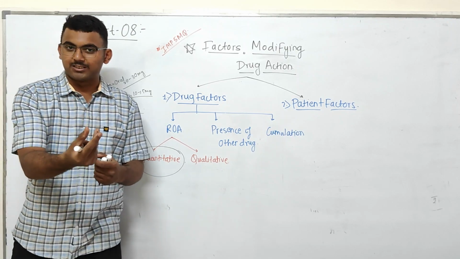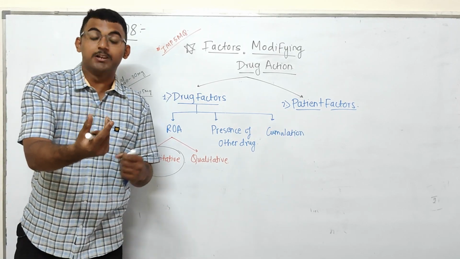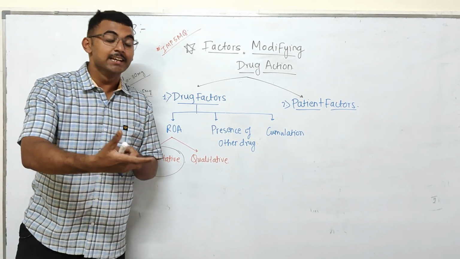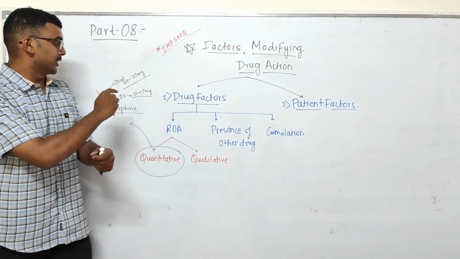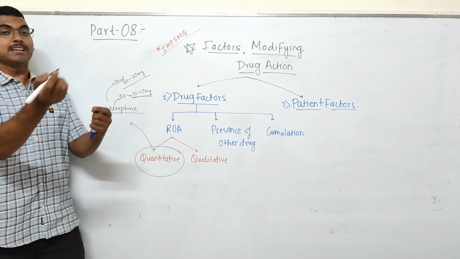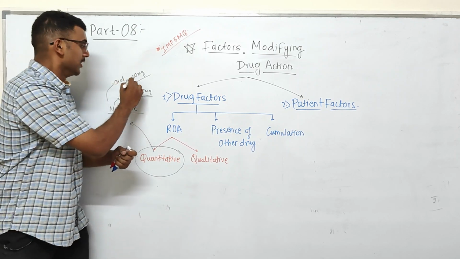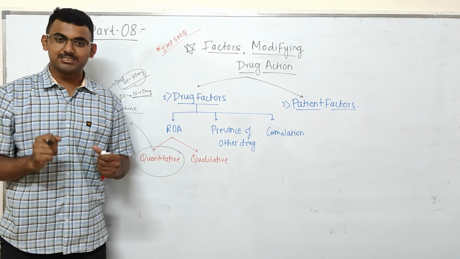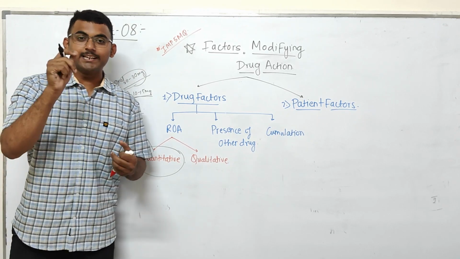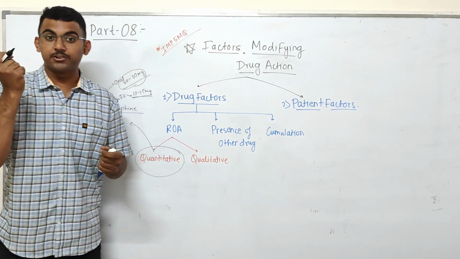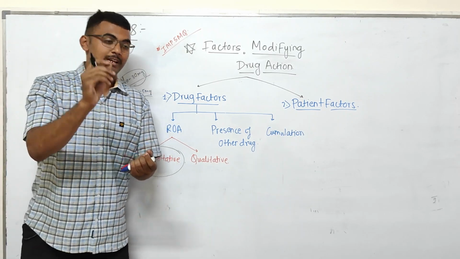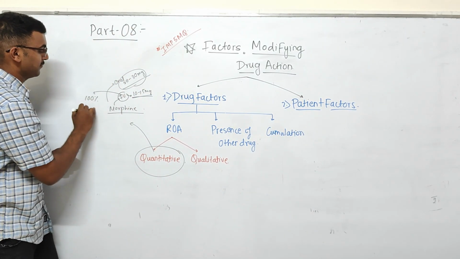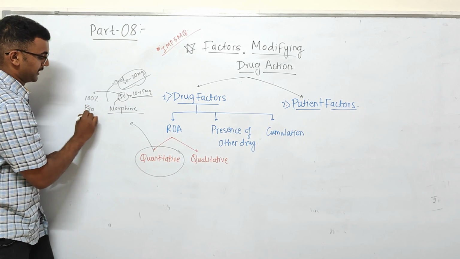The quantitative factor is the amount of drug, the concentration of the drug which you are going to give. And why is that difference there? To show the same therapeutic activity in IV format, we have to give 10 to 15 mg, whereas in the oral route of administration we have to give 20 to 30 mg. This difference is because in the IV route, we directly administer the drug inside the blood vessel, so there is 100% bioavailability.